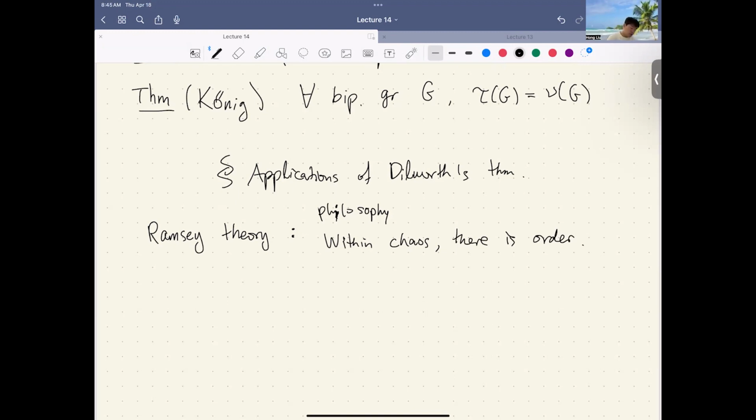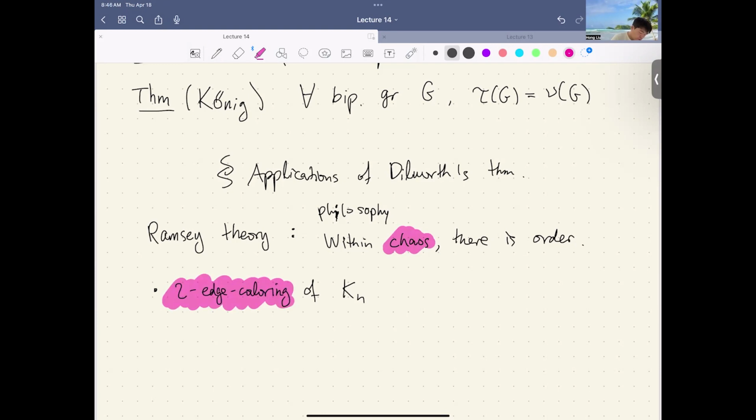The concrete example we've seen is a two-edge coloring of a complete graph. This is the chaos, because we have no control over how the coloring looks.